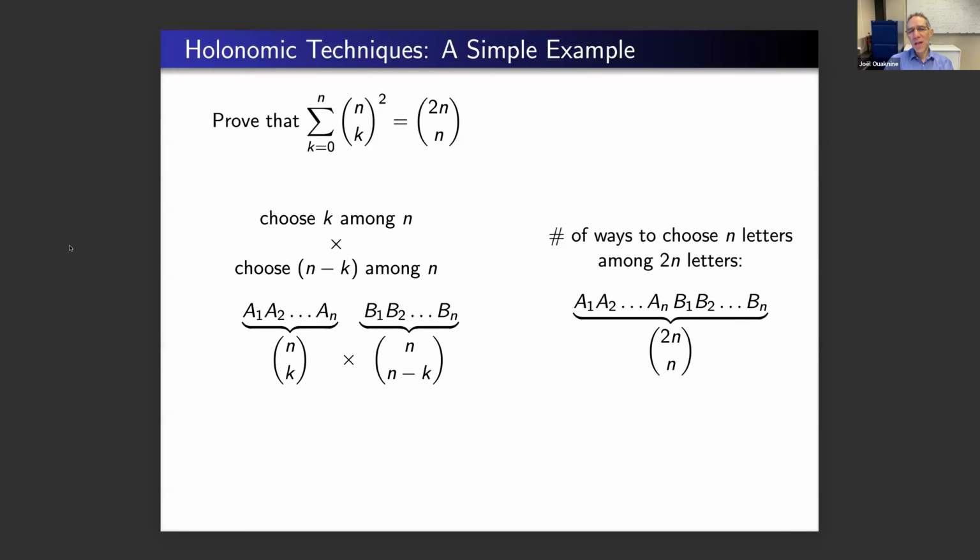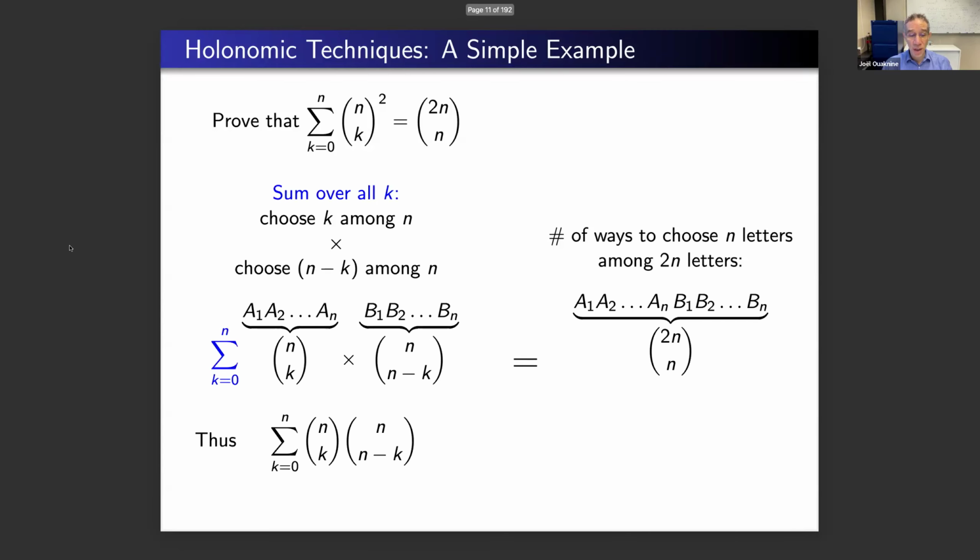On the left-hand side, you could say, I could choose k letters amongst the a's and then n minus k letters amongst the b's. Then I would have to sum over all possible values of k, and then I've counted the same thing. And n choose n minus k is n choose k, so I've got the summation of squares equal to 2n choose n.